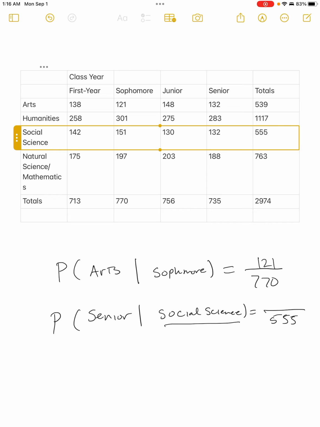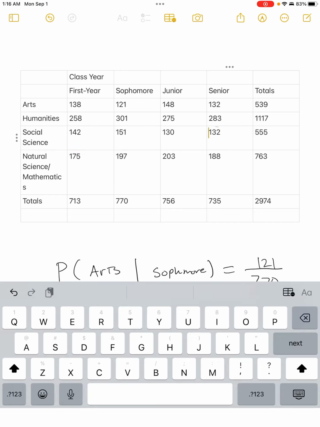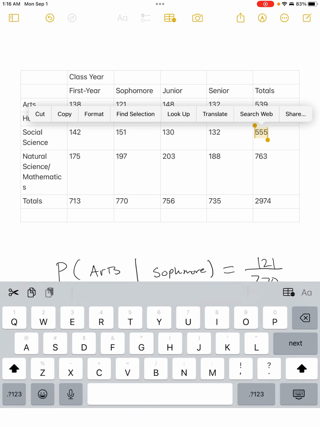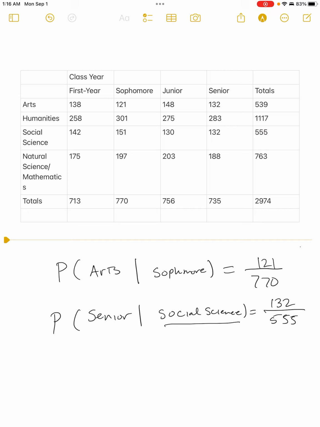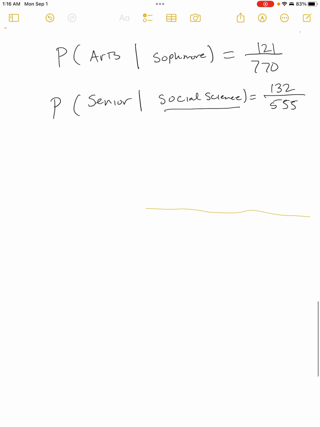And I can just look under the senior column, 132 of those 555. The 132 of the 555 are going to be seniors. And so that's the probability that we randomly select a senior given that they're a social science major. So pretty awesome. That is conditional probability.